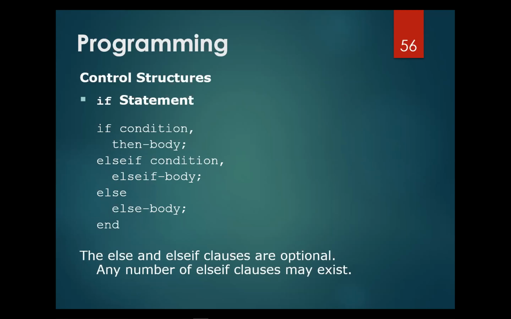A typical example: if I ask you, if your age is 18, then I execute a statement. Let's say you can vote. Else, if your age is greater than 18, you are an adult, you can vote.